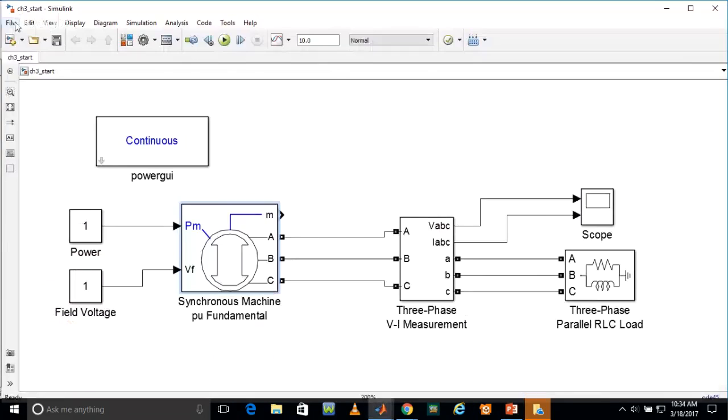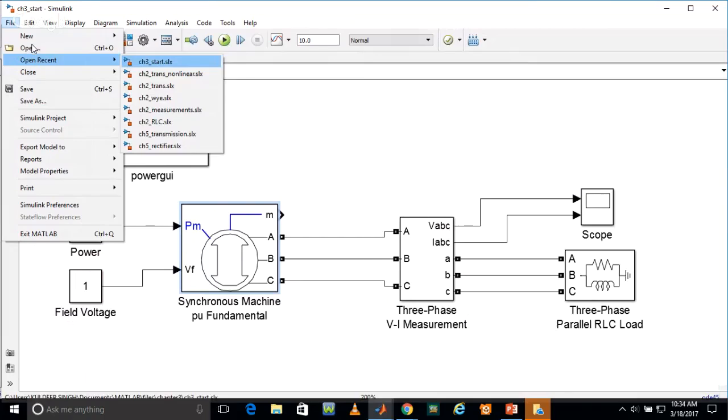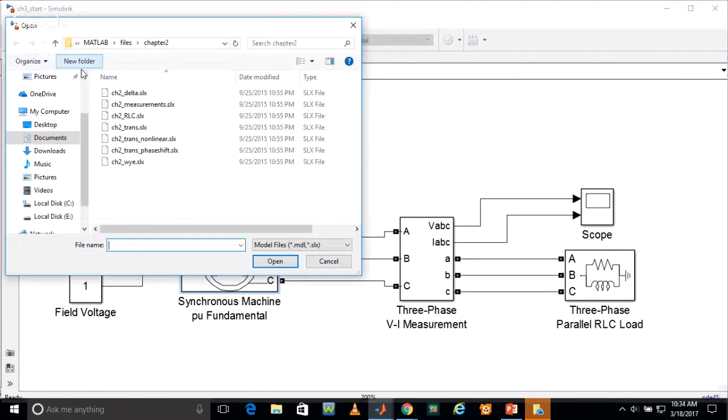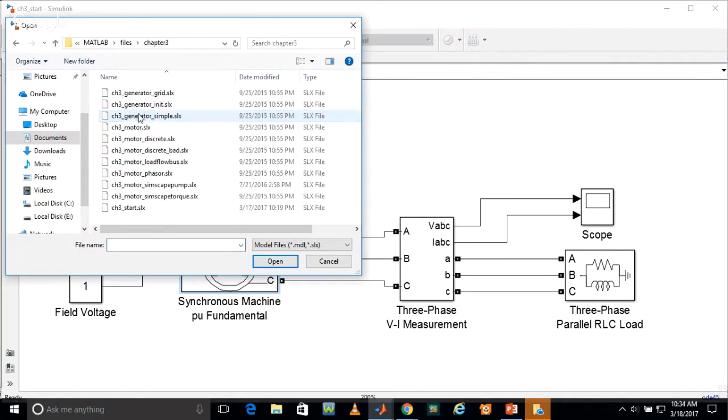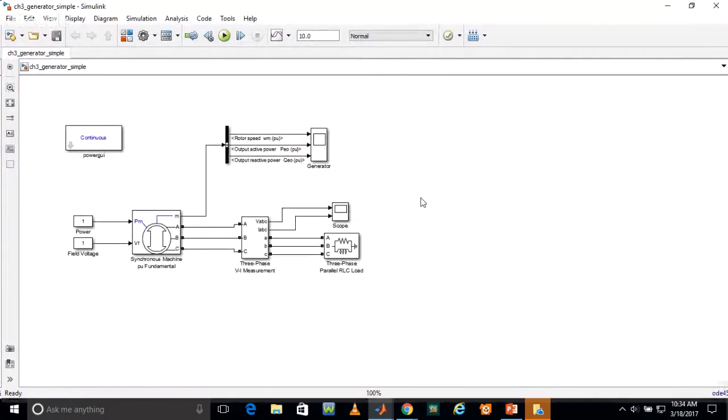So we make another model like this one. This is the same system in which we have connected a bus selector.